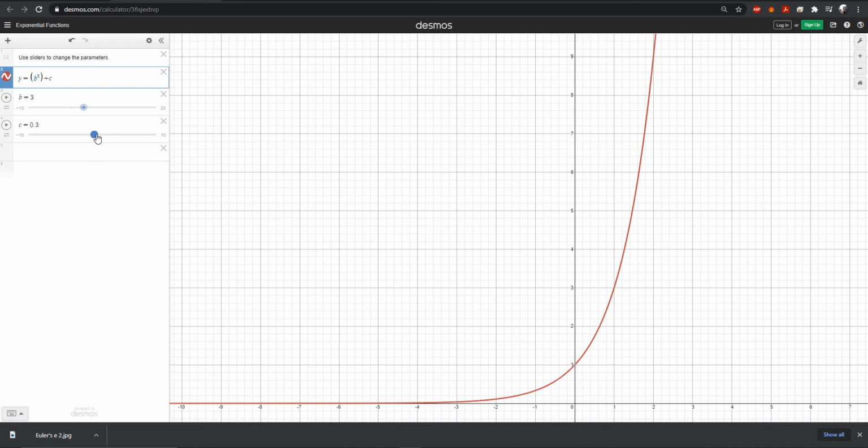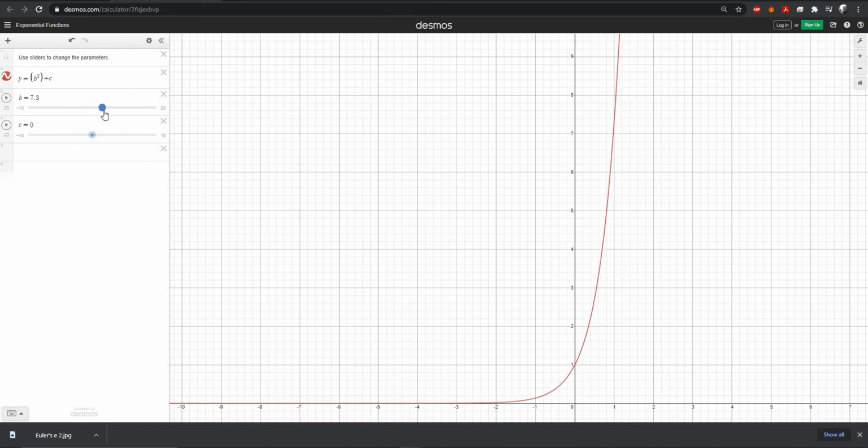But yeah, the c just shifts our graph upwards or downwards depending on what value we choose for c. And then our base governs how rapidly our exponential function grows if it's greater than 1, or how rapidly it shrinks if it's less than 1. And if our b value is exactly 1, we just get a flat line, a constant, because 1 raised to anything is just going to be 1.